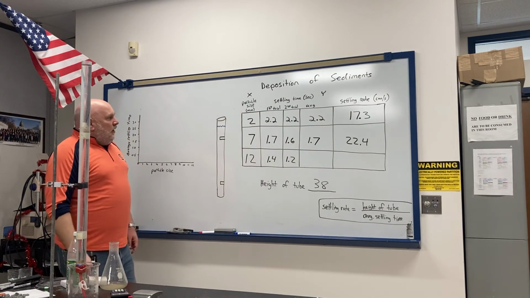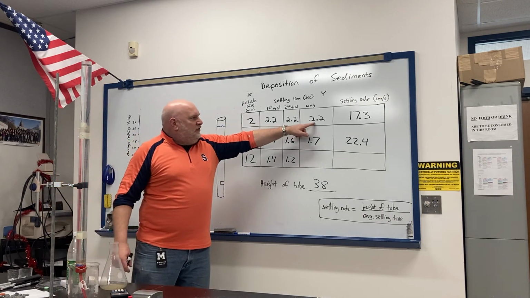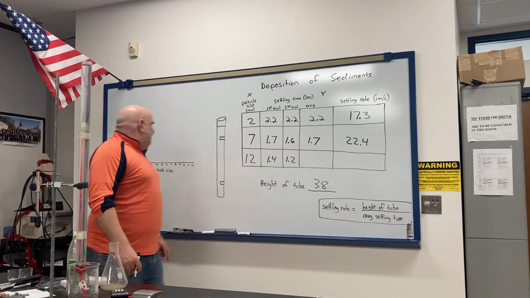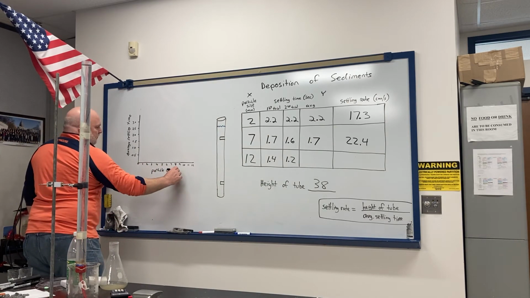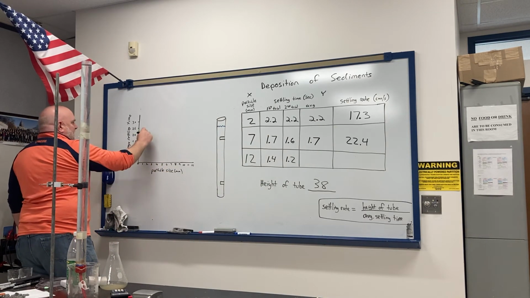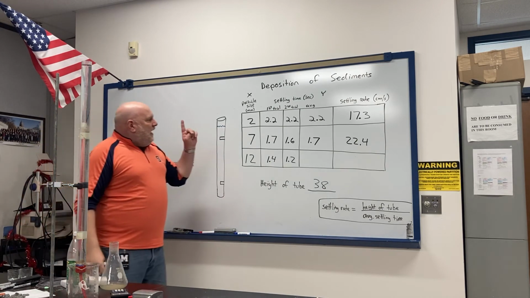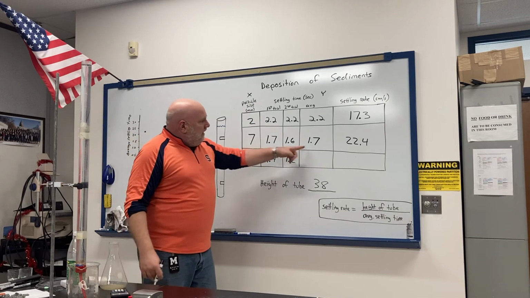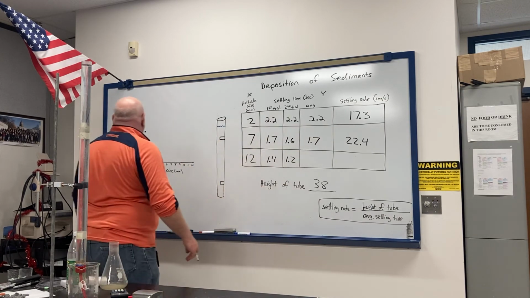So my first one, 2 millimeters, took on average 2.2 seconds. So I'd go 2 millimeters, 2.2 seconds, somewhere around there. For 7 millimeters, the settling time was 1.7 seconds.